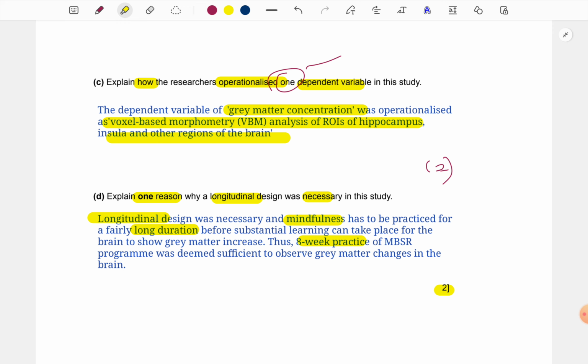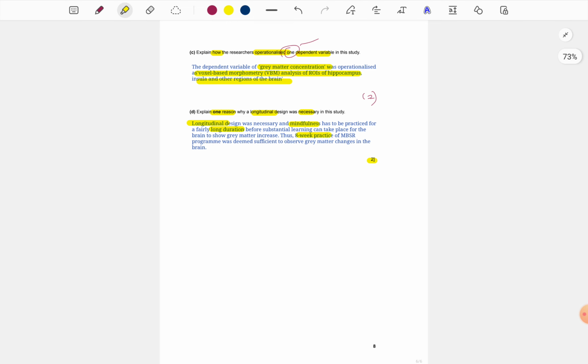Okay, so that's as simple as that. Again, for the last one, the only tip I can give is be specific as always. Mention exactly what is taking time, MBSR program, and exactly how much time it's taking, 8 weeks. Nothing else. Okay, so that's it for this video, and I've tried to cover various questions AO1, AO2, AO3.